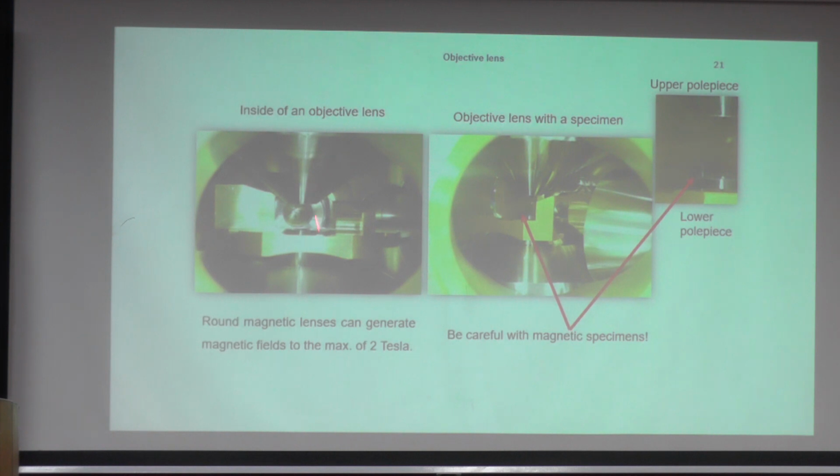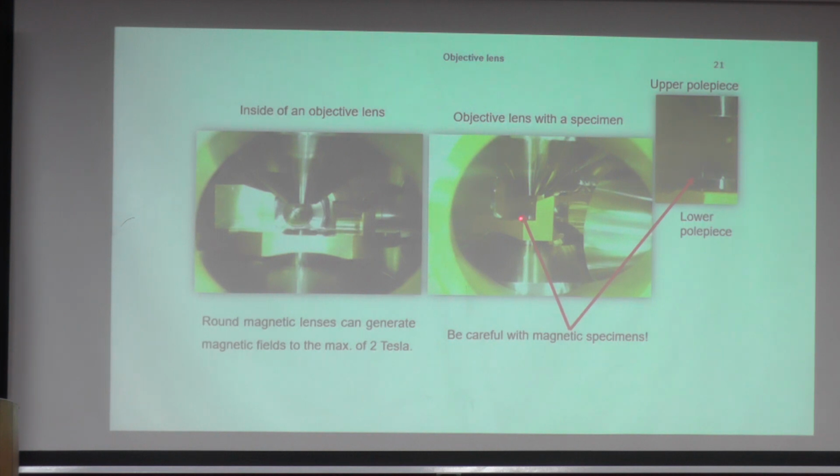And the magnetic field which you create here can reach values of up to 2 Tesla. And this is very important to know, because if you use a magnetic sample and you don't take care, sometimes you can insert a large magnetic sample, like the size of 3 millimeters, and then this sample can go out of your holder and stick to the pole piece.